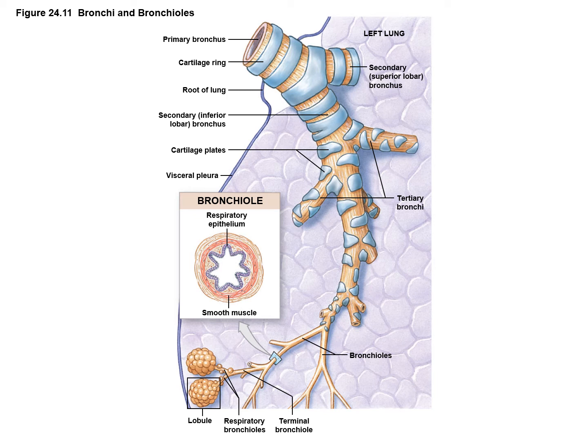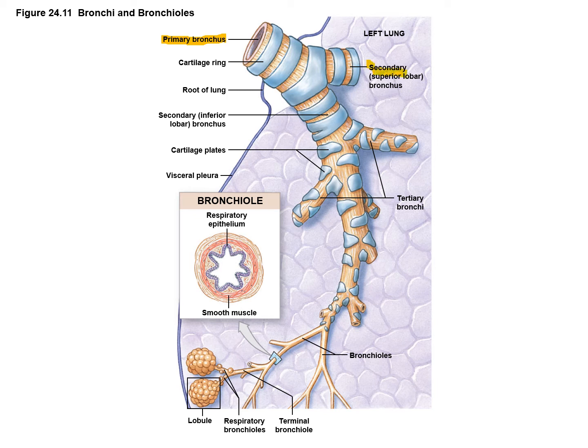Here we can see the different branchings of the actual bronchi and how they get a little bit smaller as we work our way down. Every time that the bronchi splits, it's going to become a new structure. In this case, the primary bronchus that we can see here is going to split and become the secondary bronchus that we see here.